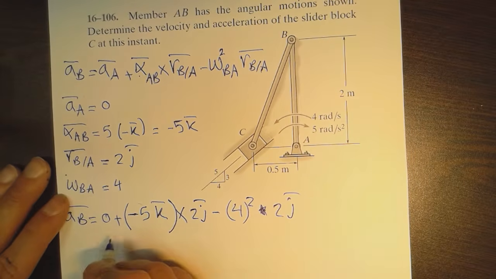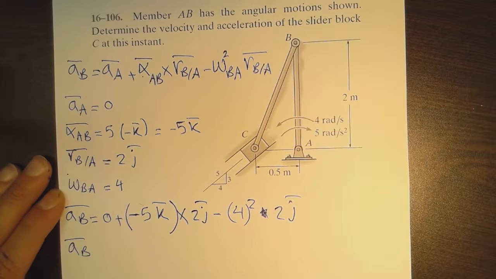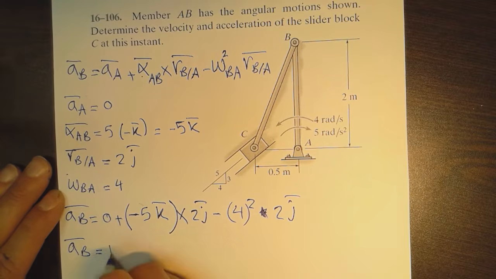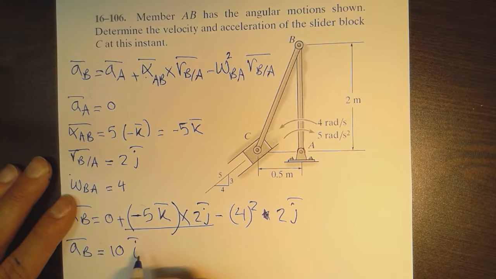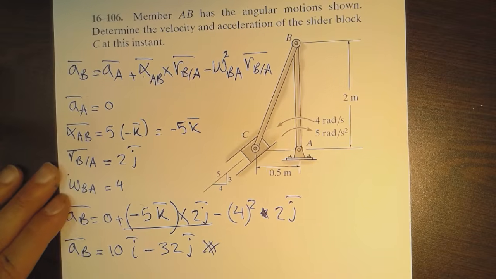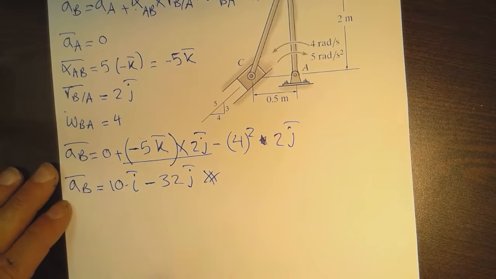So the acceleration of point B is going to be equal to 10i, because k times j will yield minus i, and minus times minus would give a positive value. So this term is going to equal 10i, and this term is going to equal 16 times 2, which is minus 32j. So this is the acceleration of point B. Still, we need to go for the AC.